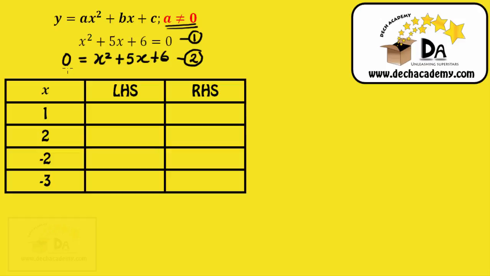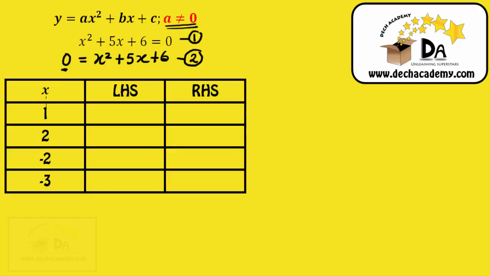The solution to equation 2, this quadratic equation, is simply any value that x can take that will cause the left-hand side of the equation to be equal to the right-hand side. Since our left-hand side is simply 0 here, a solution is any value of x that causes the right-hand side term to be equal to 0.